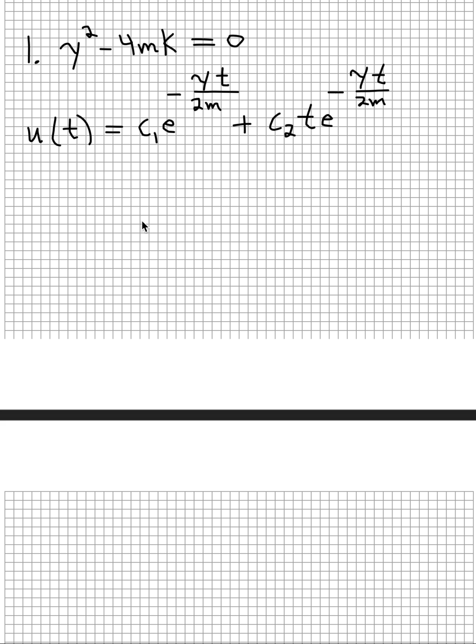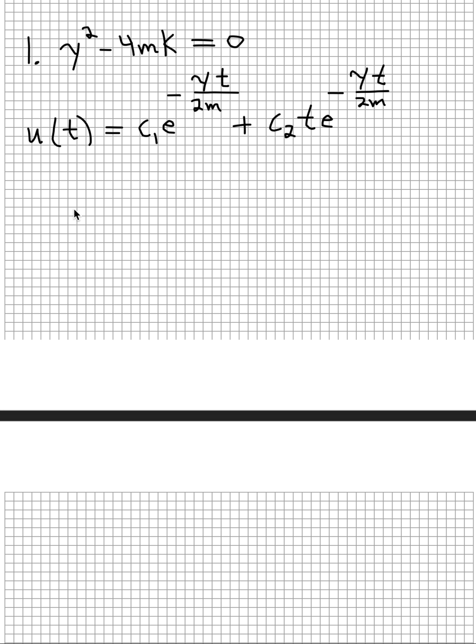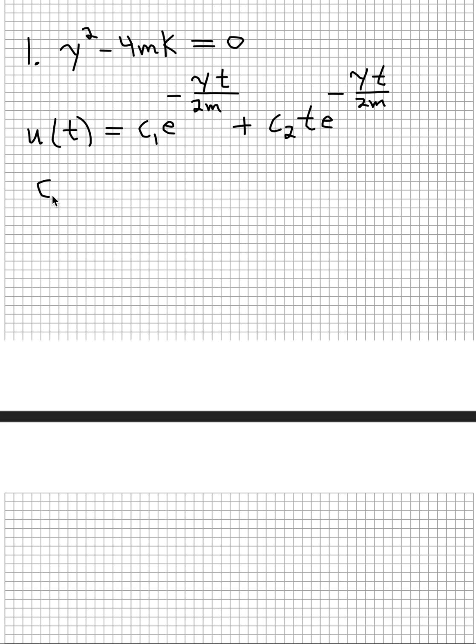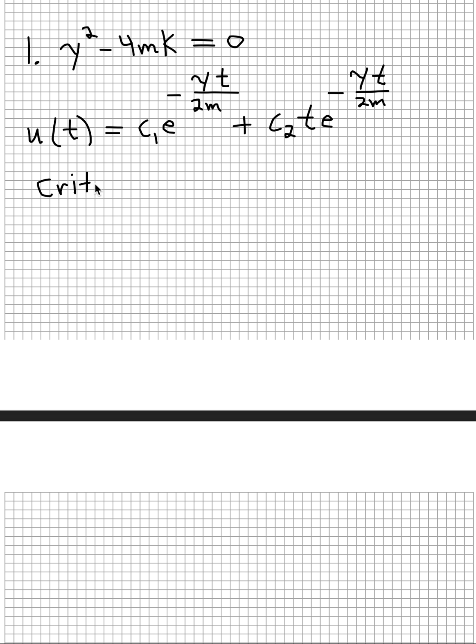Okay, and so notice something though, that as t goes to infinity, the displacement will approach 0, and so the damping in this case will do exactly what it's supposed to do. So anyway, when gamma squared minus 4mk equals 0, this is called critical damping. Okay, so this whole situation is known as critical damping.